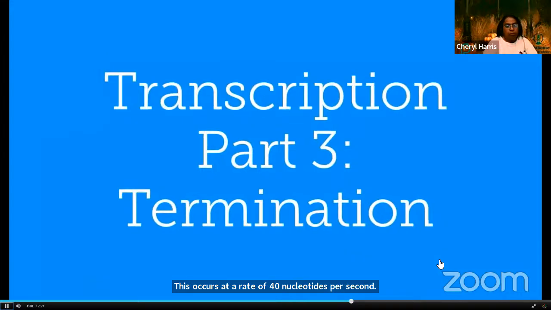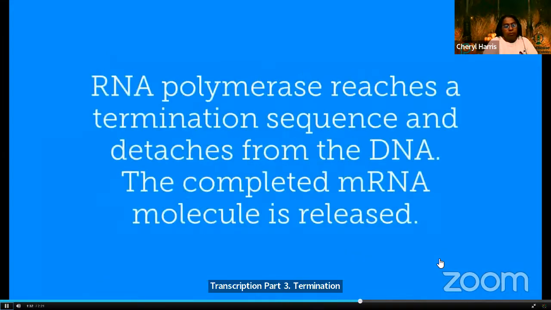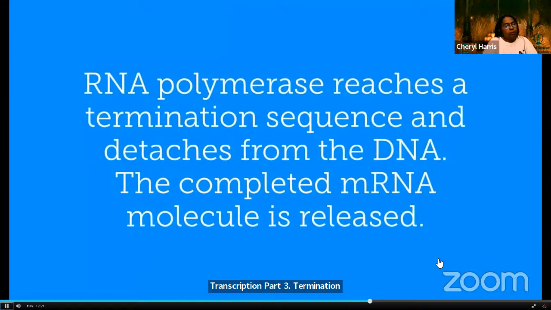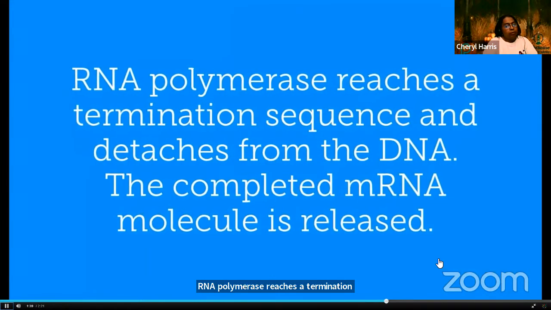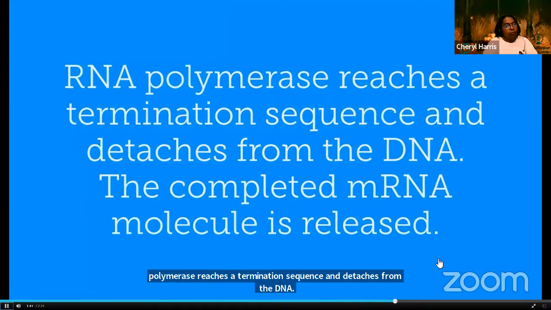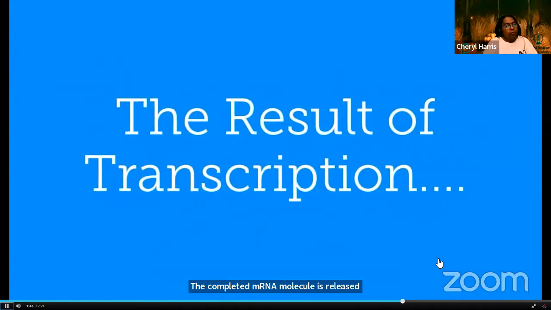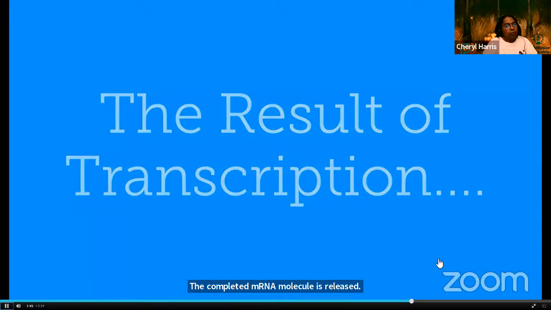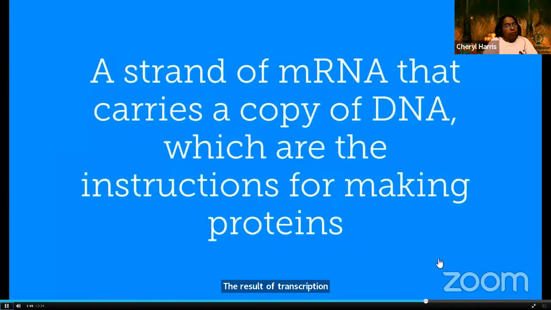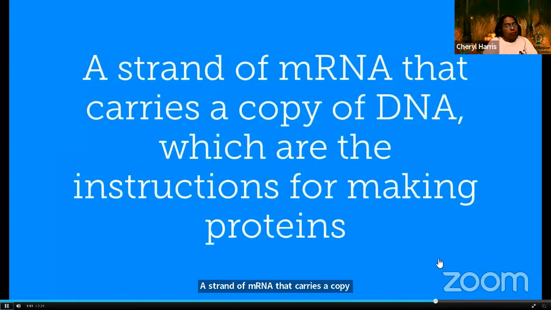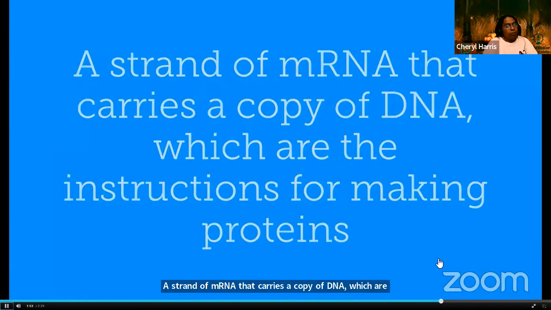Transcription Part 3, termination. RNA polymerase reaches a termination sequence and detaches from the DNA. The completed mRNA molecule is released. The result of transcription: a strand of mRNA that carries a copy of DNA, which are the instructions for making proteins.